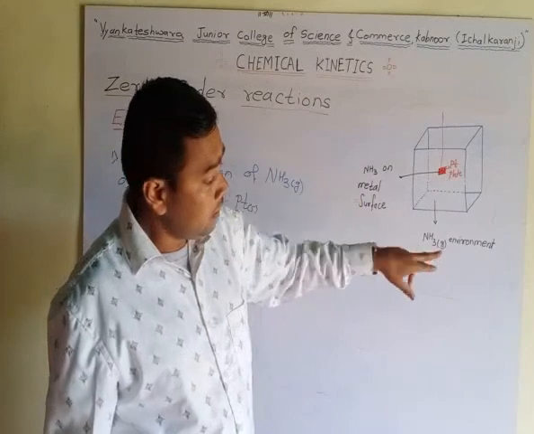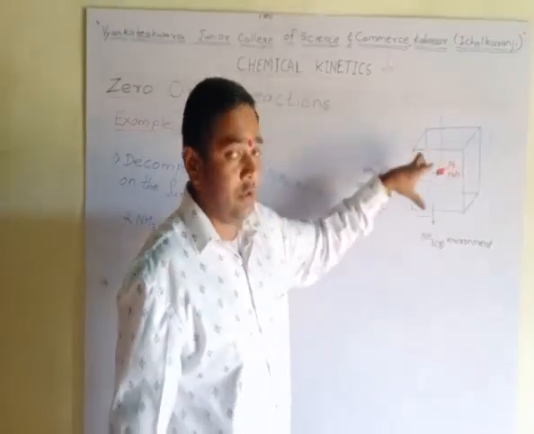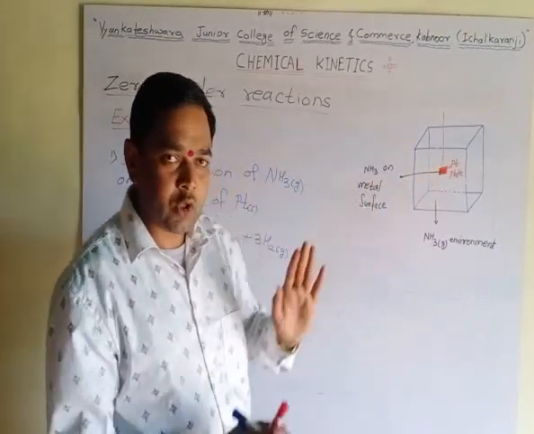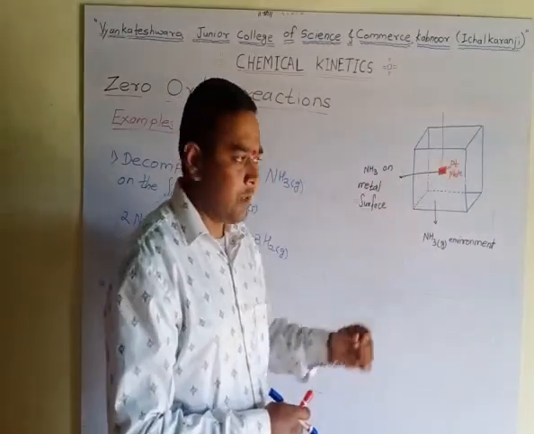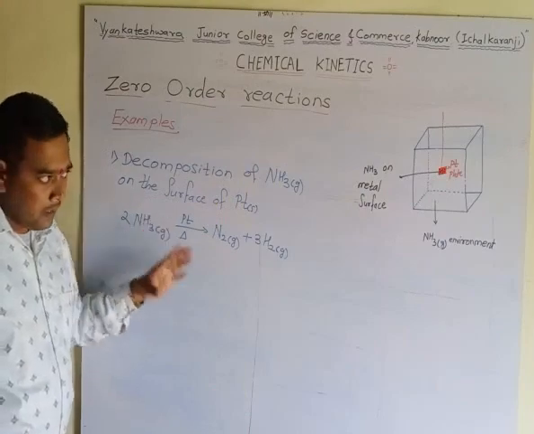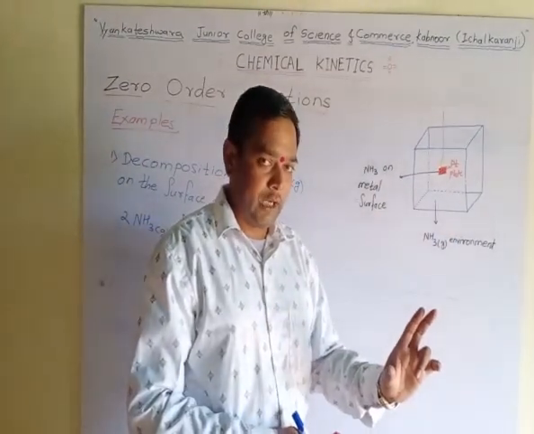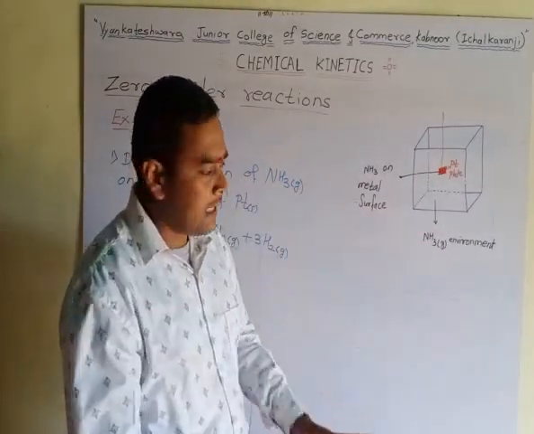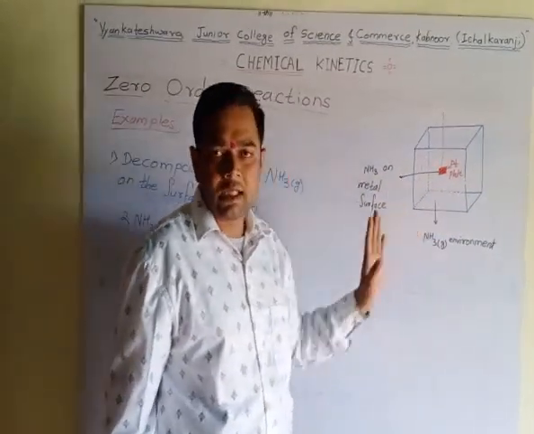The molecules present on the surface of the platinum decompose and form N2 and H2. When they come out from the surface of the platinum, they are again converted by the reverse reaction into ammonia. Therefore, the concentration of the decomposition products N2 and H2 is very small as compared to the whole concentration of ammonia present inside this cube.